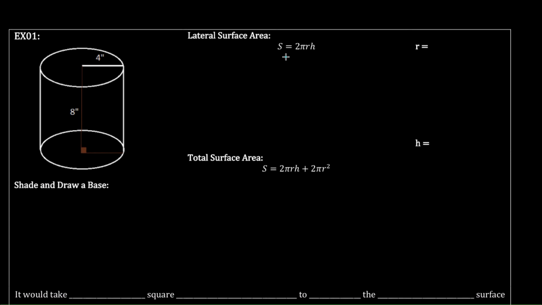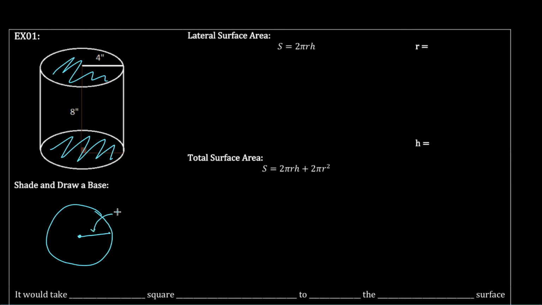So lateral surface area is 2 pi r h. First thing we should do is shade and draw the base. Always shade and draw the base. I forgot to shade it. So, there's one. A circle with the radius, it looks like, of 4 inches.